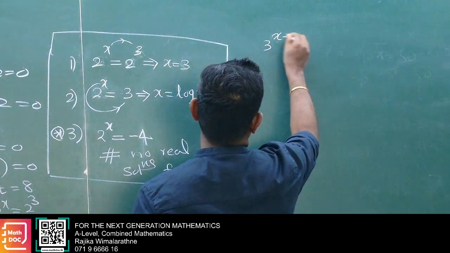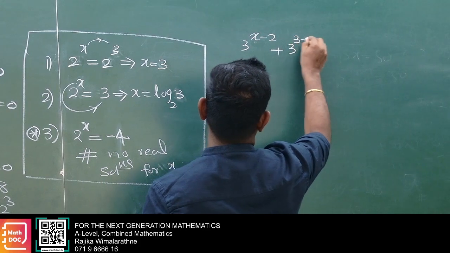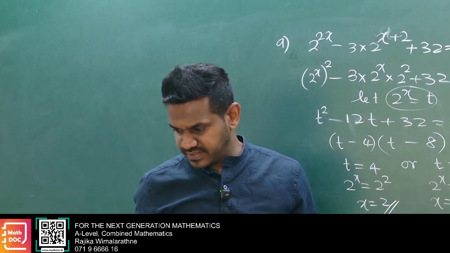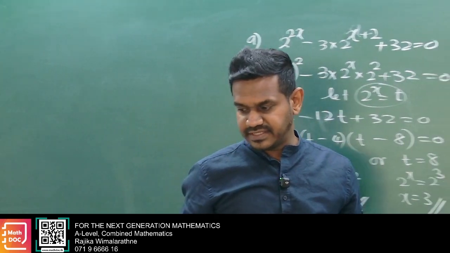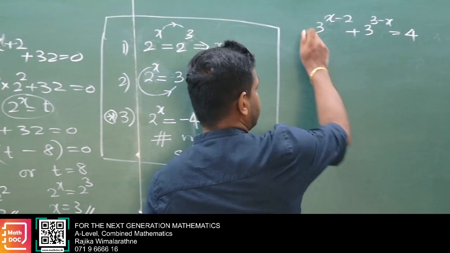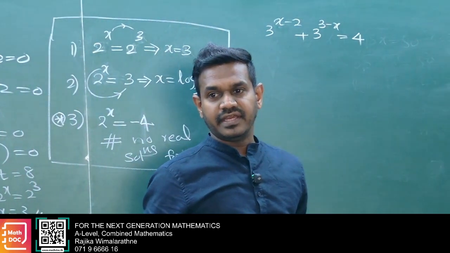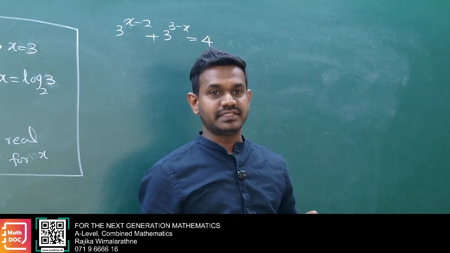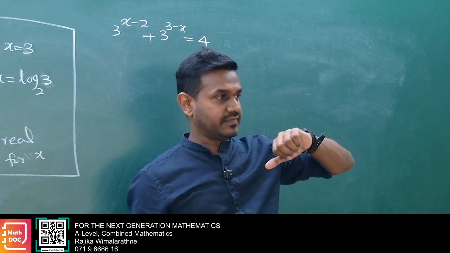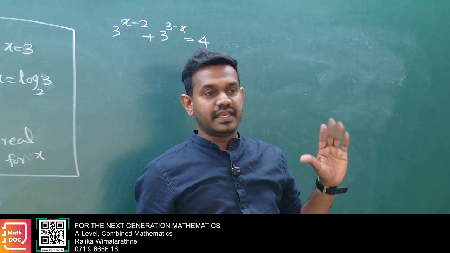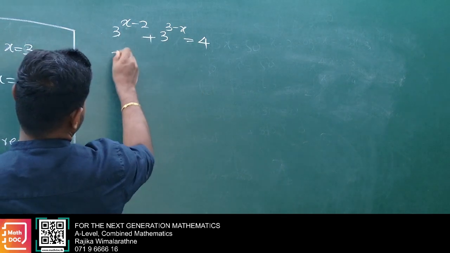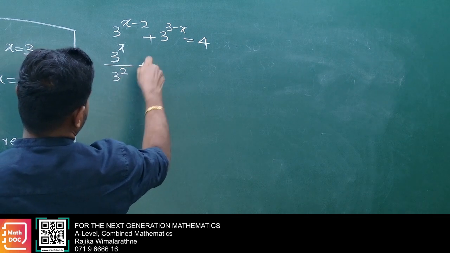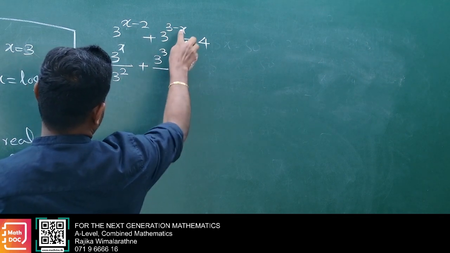Okay, check this one now. Here, the second example. Anyway, you identify that it is exponential type. The specialty of an exponential function is that the index has a variable. In this case, you write 3 to the power x minus 2 as a division, and 3 to the power 3 minus x as a division.